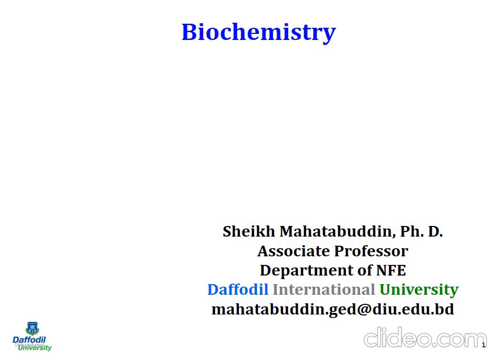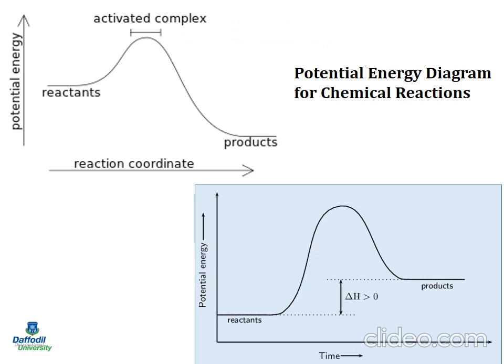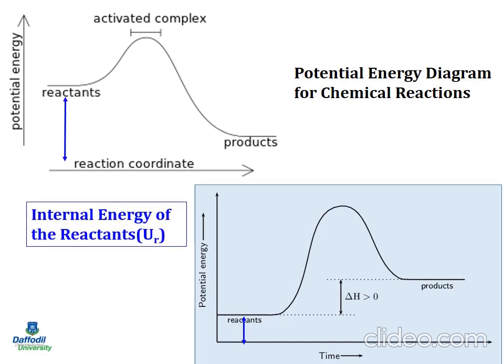Now if we consider that a reactant is trying to convert to a product, then it has two different ways. One, if the reactant internal energy is higher than the product internal energy, and another one is if the reactant internal energy is lower than the product internal energy. Now if we look at these two curves, any reactant, if it wants to convert to product, must pass through the curvature we are observing, the activated complex.